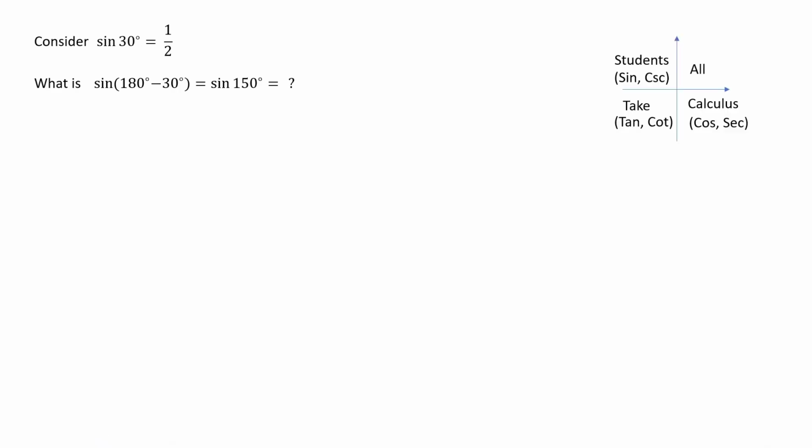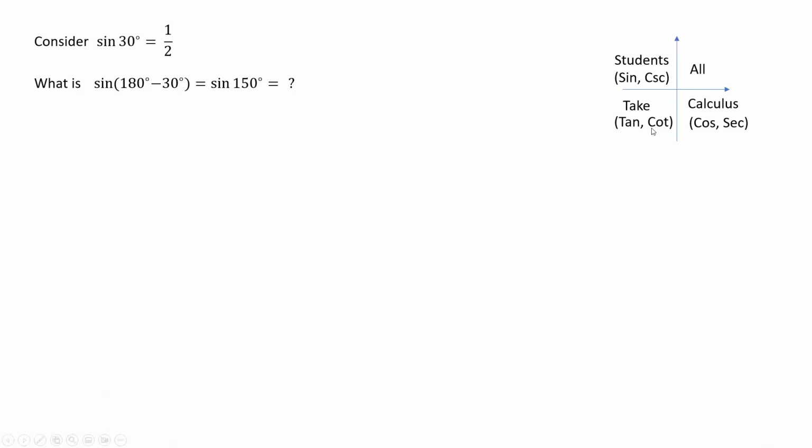What? If you recall, what did we say long time back? This quadrant system. First quadrant, second, third, and fourth. And in the first quadrant, all trig functions are positive. The mnemonic to remember is all students take calculus. And in the second quadrant, sine and cosecant, its reciprocal, are positive.